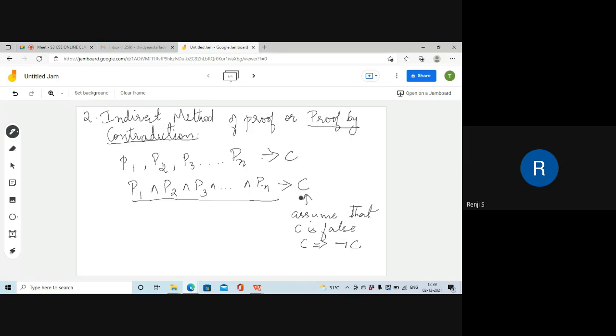When we assume C is false, C changes to not C, isn't it? C is true, so we are assuming that C is false. So C changes to not C, and then add not C to the given set of premises P1, P2, etc., Pn.